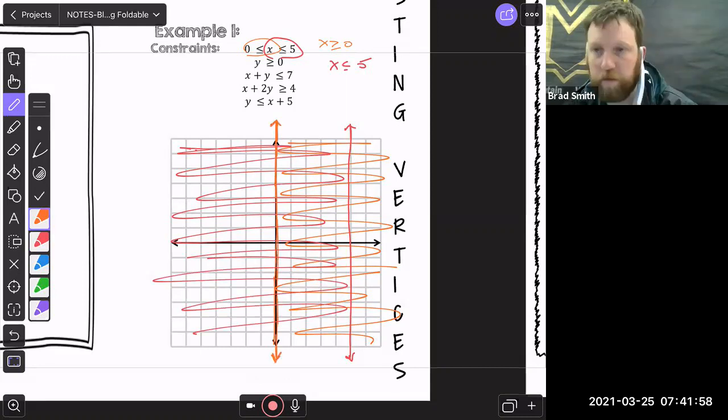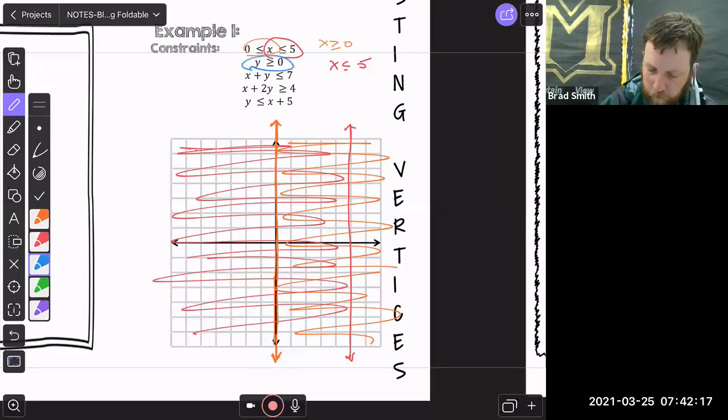We'll darken everything in eventually. So right now, if I just stopped here and asked what's the feasible region, it's that area in between the orange and the red where they combine. Does that make sense? This would be unbounded because it goes forever, top and bottom.